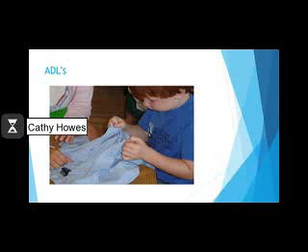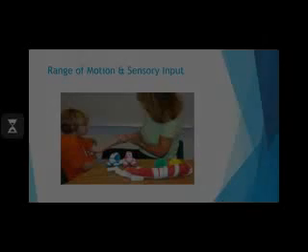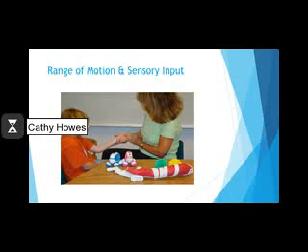You will be assisting children with hemiplegic cerebral palsy with functional tasks and activities of daily living, such as dressing, shoe tying, and eating, providing both unimanual and bimanual practice. Prior to donning the cast, range of motion and sensory input will be performed.